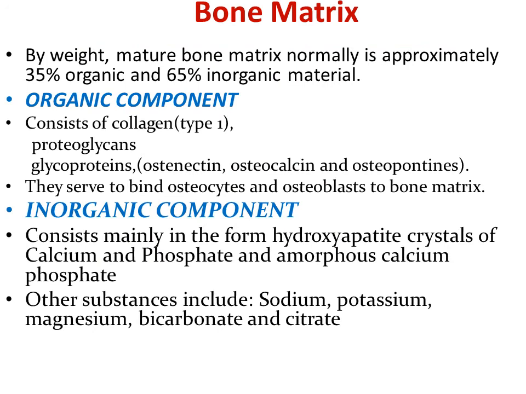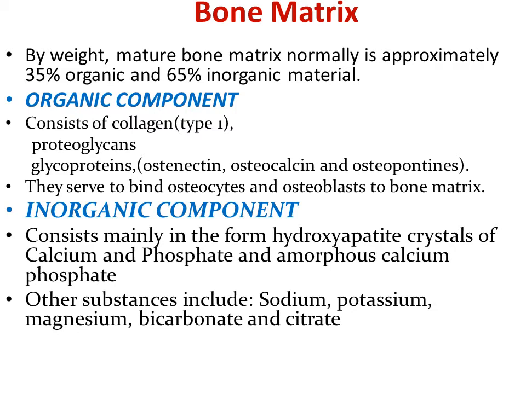The bony matrix: by weight, mature bone matrix is normally approximately 35% organic and 65% inorganic material. The organic material is 35% of the dry weight, and it mainly consists of collagen, proteoglycan, and glycoproteins.